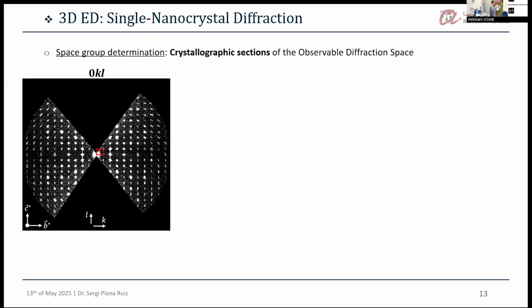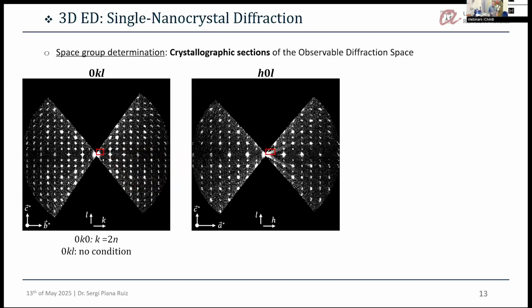We would go first for the 0KL section. What we can see here is that we have an extinction here, here, here. So we have a reflection condition in that direction that K needs to be even, so 2n, in order to appear, while for the whole section, there is no extinction happening.